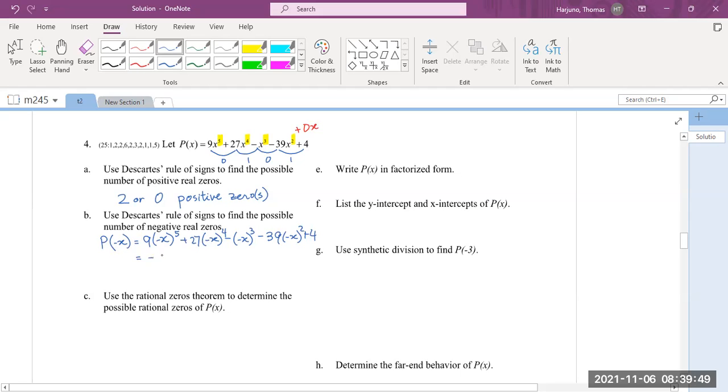And then simplify, and see how many times the sign changed. One time here, no time here, one time here, another one time here. So there are 3 or 1. Remember, 3 variations of signs, so you start from 3 and keep on subtracting by 2. 3 or 1 negative zeros.